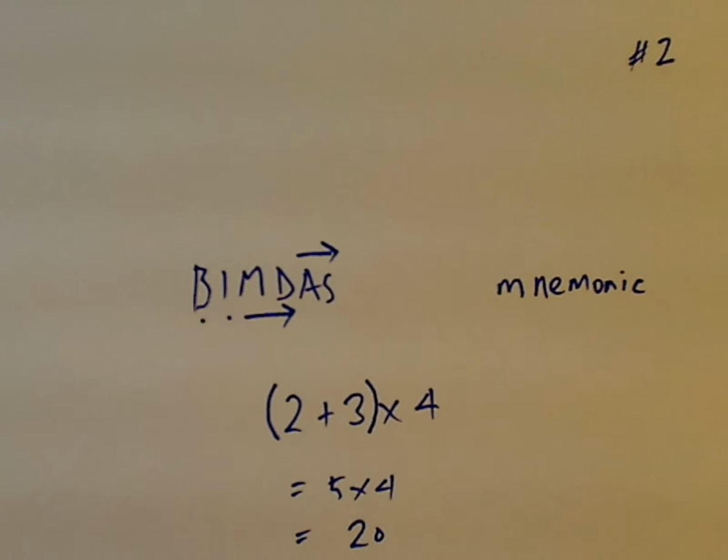Now there'd be no problem there, would there? Everyone would be sure that we've put the brackets in, we must do the 2 plus 3, the addition, before we do the multiplication, because the brackets right at the front of the mnemonic, they're the tough guy. Top of the tree, must be done first.